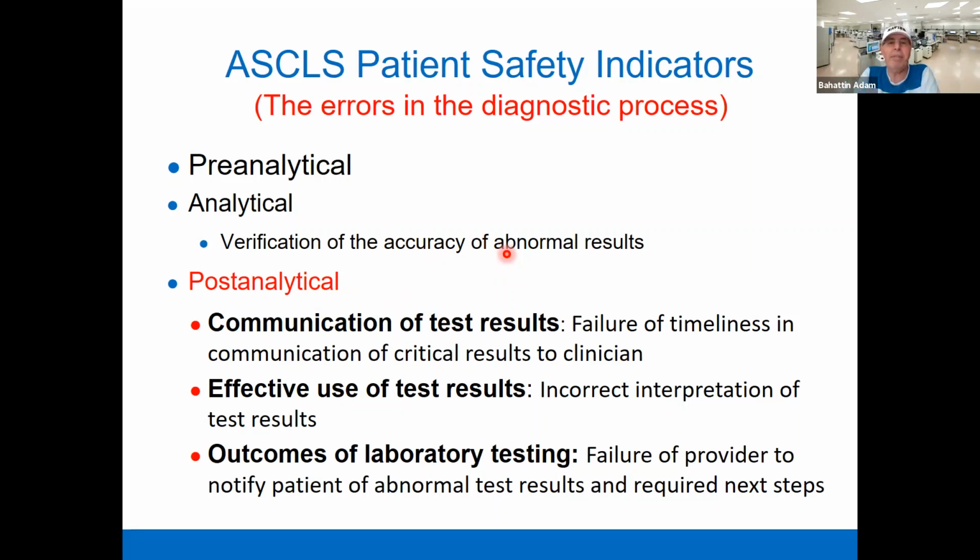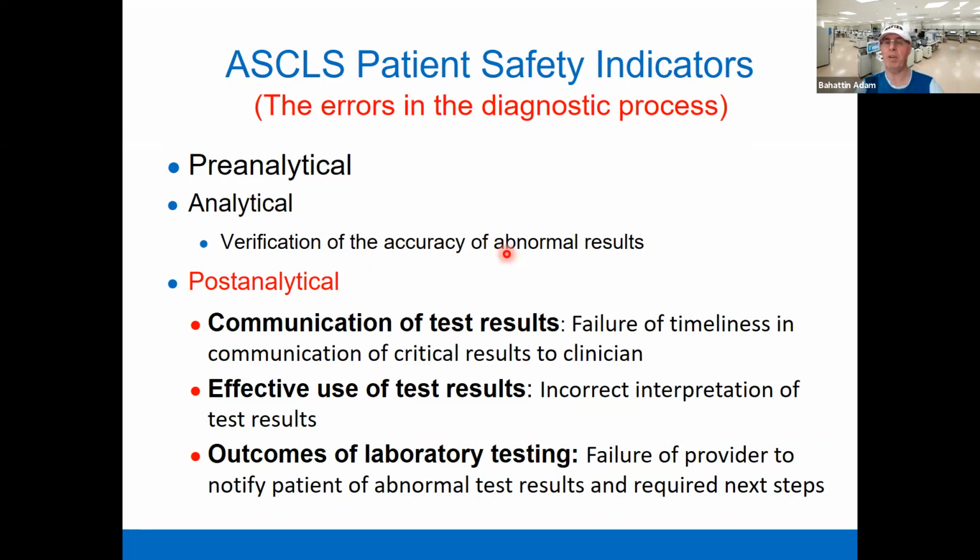If you have obtained critical test results, you have to let the provider, the physicians, know on time. Failure of timeliness is a communication failure of critical values. For some lab tests we have critical values. For cholesterol, there are no critical values. It can be 300, 500.